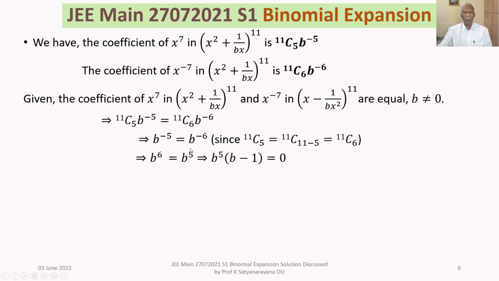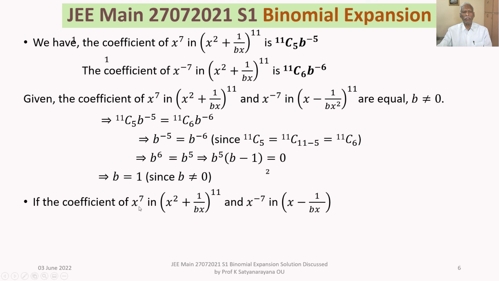That will imply b power 6 is equal to b power 5, and that will give you b power 5 into (b minus 1) is equal to 0. Since b not equal to 0, b minus 1 must be equal to 0. That will give you b is equal to 1. So thus we got the answer.